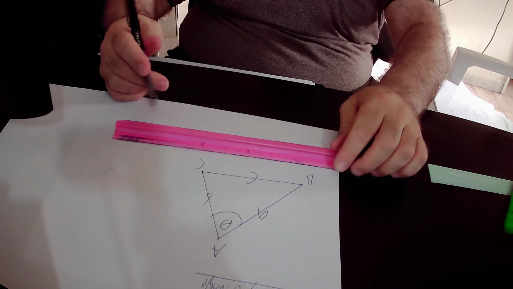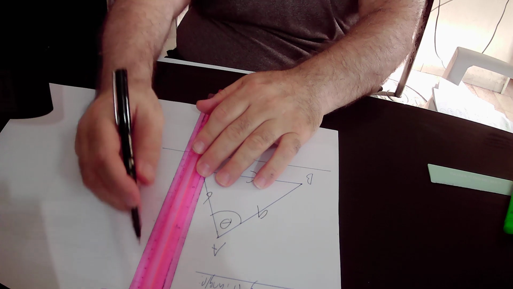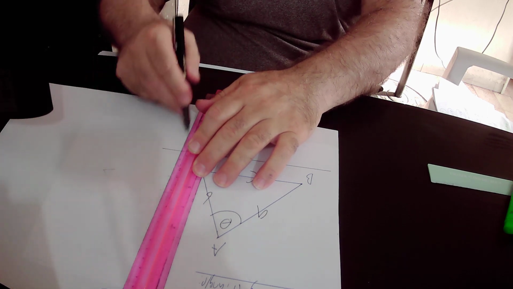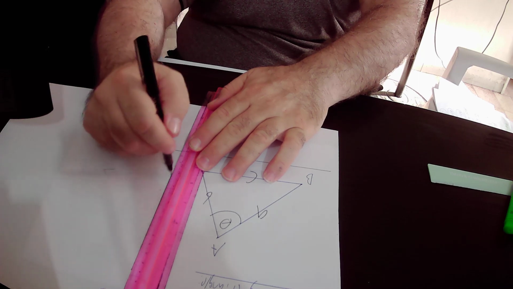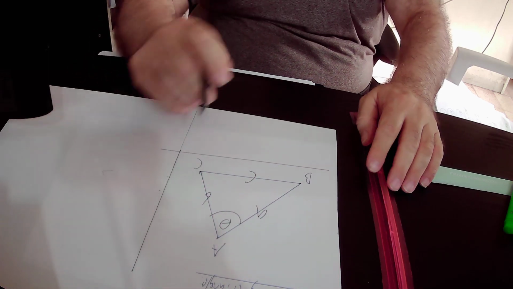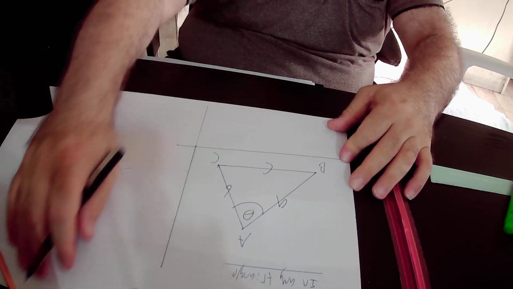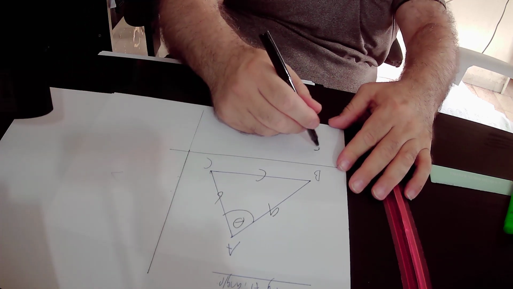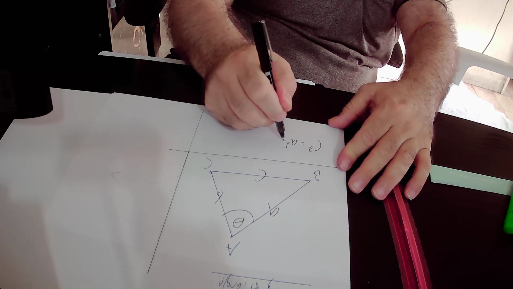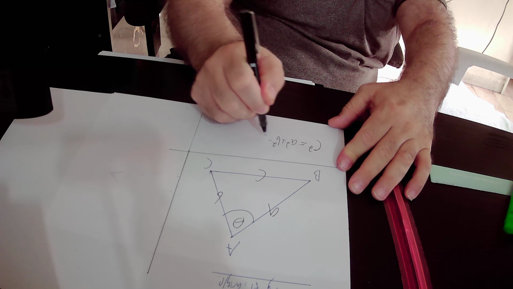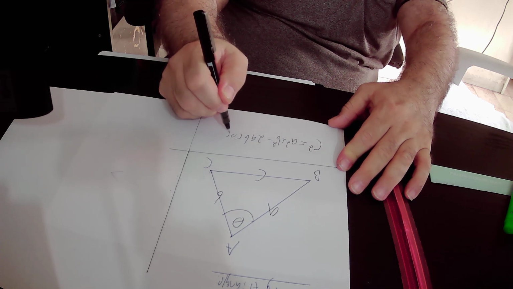Then in this triangle ABC, the following equation is true: C squared equals A squared plus B squared minus 2 times A times B times cosine theta.